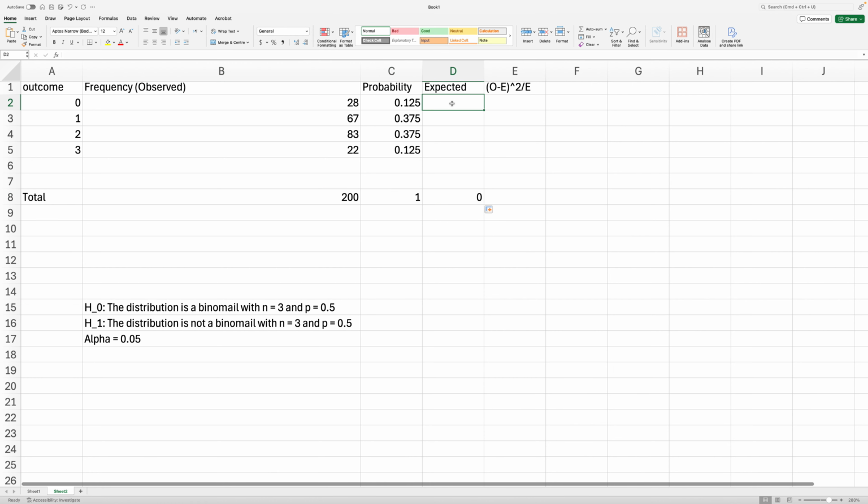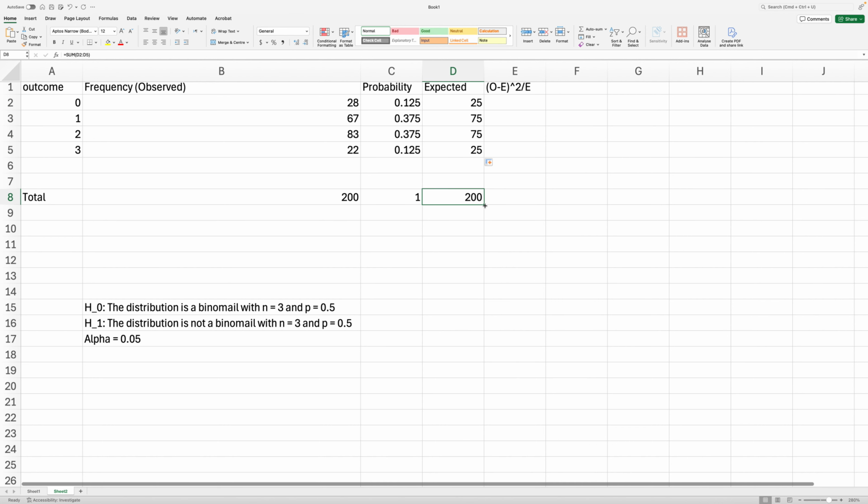So for the expected, I write equal, and then I multiply each probability by the total. Here is the expected, and we can see the expected is 200 and the observed is 200, and the probability is 1. So we are doing a very good job.